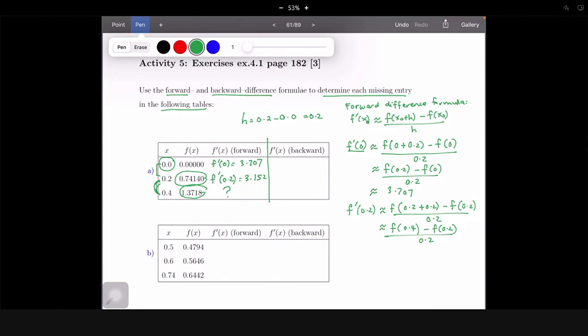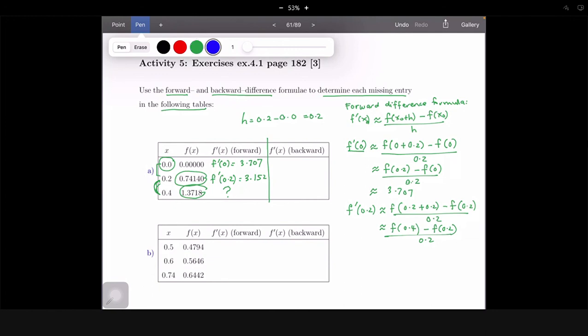Anyone? Tak boleh, sebab kita tak ada nilai 0.4 tambah h. Kita tak ada nilai 0.6. Tapi kita boleh cari the value of f prime 0.4 menggunakan backward difference formula.